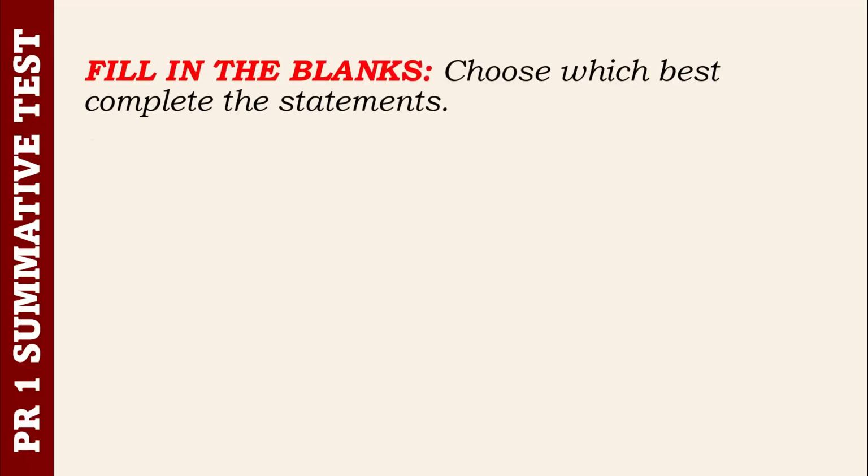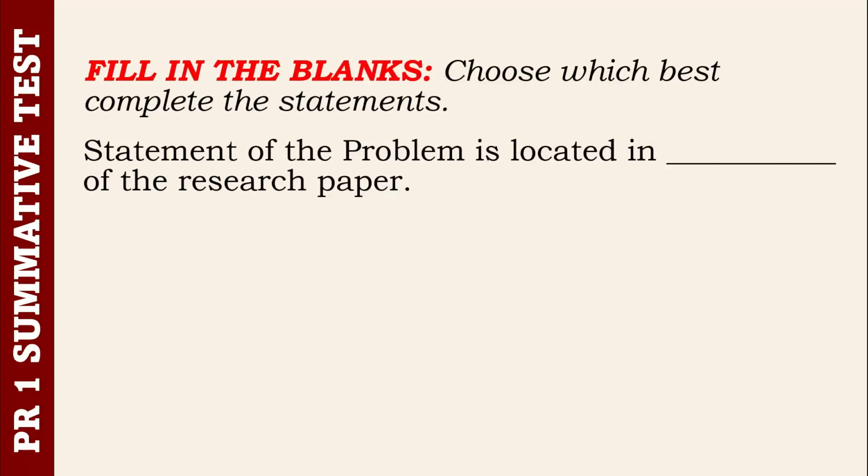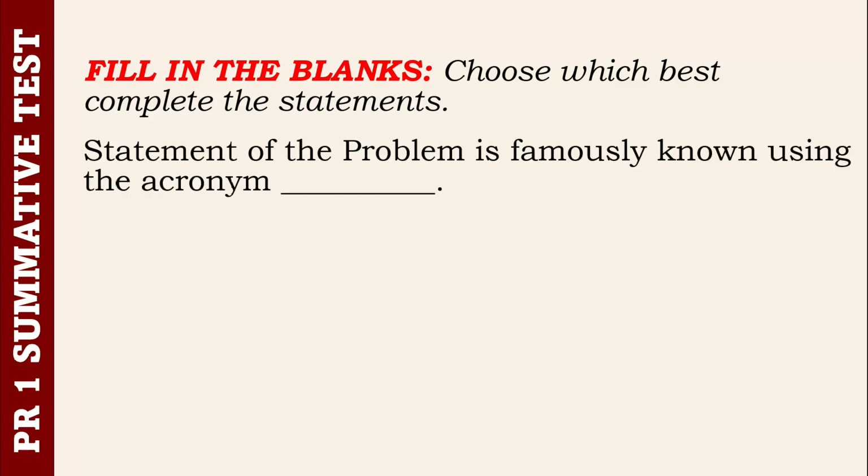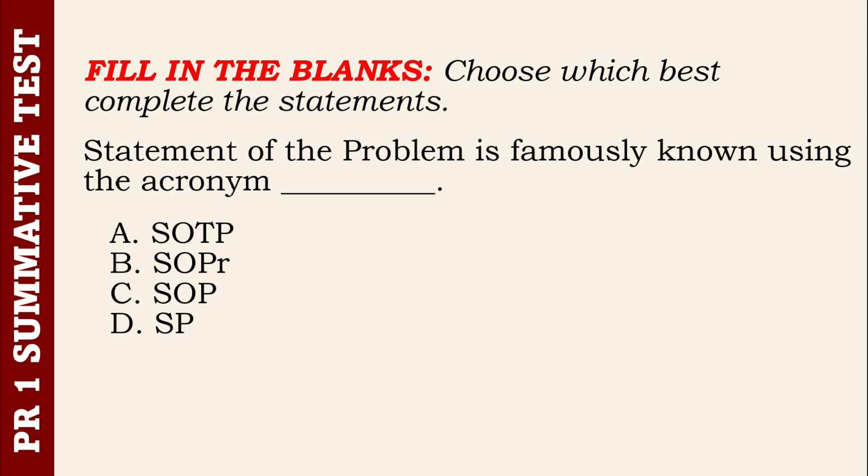Next item, we have statement of the problem is located in blank of the research paper. Is it chapter 1, 2, 3, or 4? The answer is A, chapter 1. Next item, statement of the problem is famously known using the acronym SOTP, SOP, or SP.